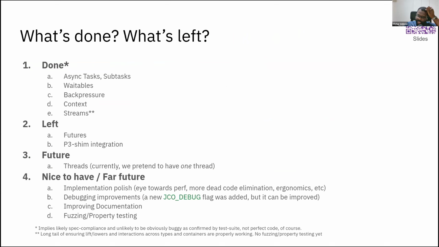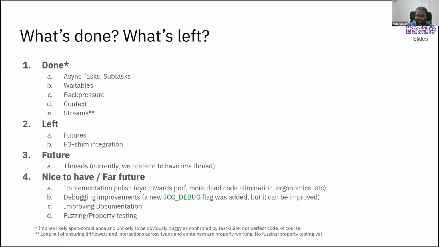But up until now, a lot of the work has been on semantics and trying to get the JCO implementation of the host as close to what is already working quite well, thanks to Joel and Alex's and Roman's hard work, and getting JCO to work in a similar fashion to Wasmtime, where the P3 support that has landed via the guests and also the host is pretty solid. So we try to follow that and also follow the spec independently to implement all the features.